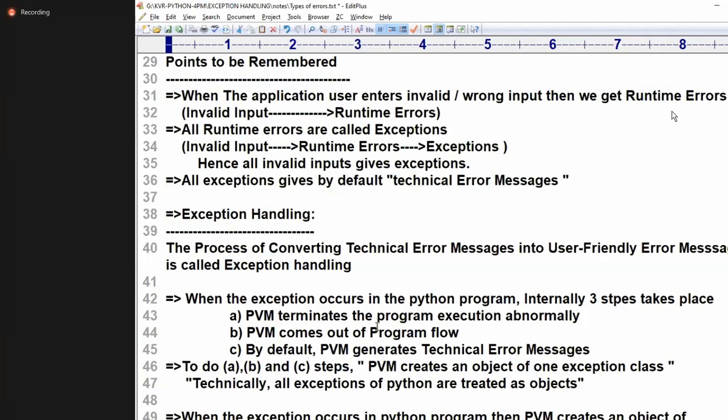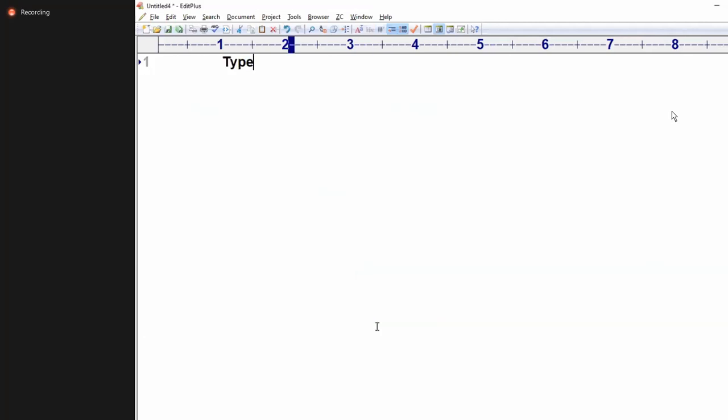So what are the various types of exceptions in Python language? We need to understand. I just want to discuss, very simple. Now I am going to give you the clarity. Predefined exceptions in Python I am going to explain.